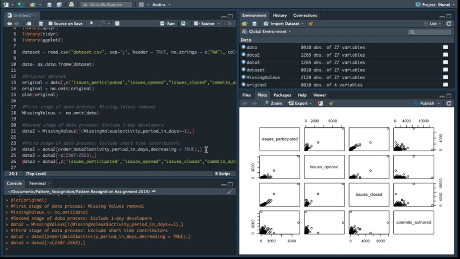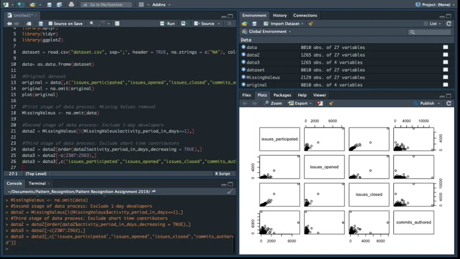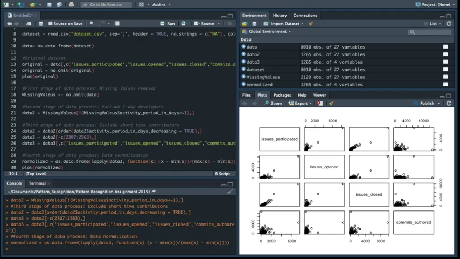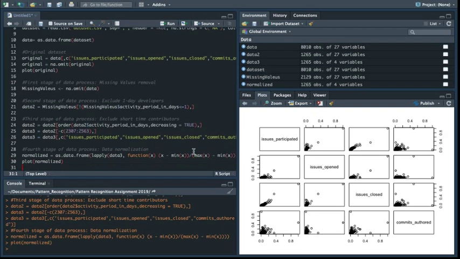So we have the data 3, and now we are going to normalize the last data set we have. And let's plot. As you can see, we now have a new data set that is from 0 to 1 as we just normalized it. And we don't have some of the data points that were close to 0.